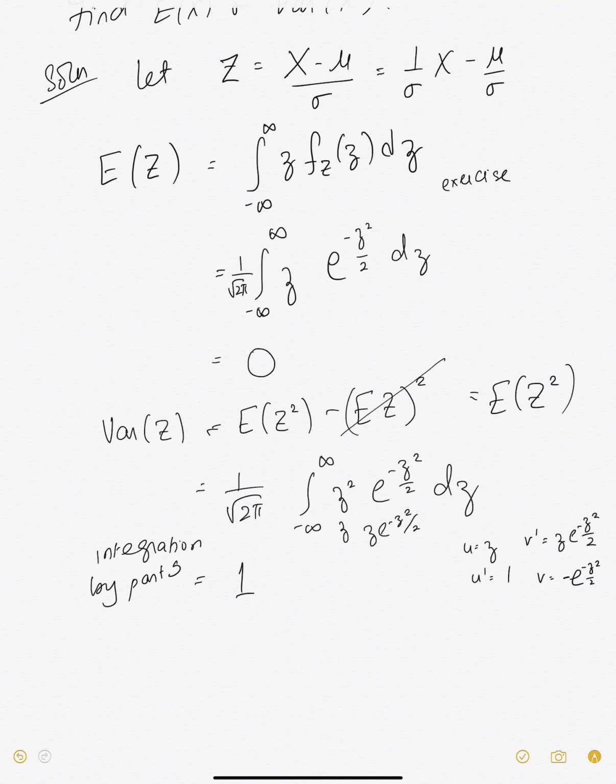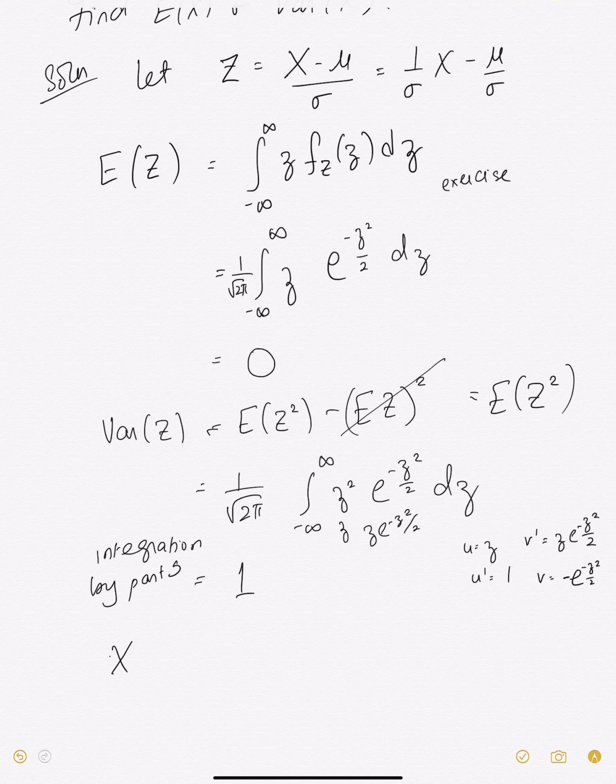It'll be u times v minus the integral of u prime times v, and you use the fact that the integral of the density is 1, and you will get that this equals 1. So we have that the expectation of z is 0 and the variance of z is 1.